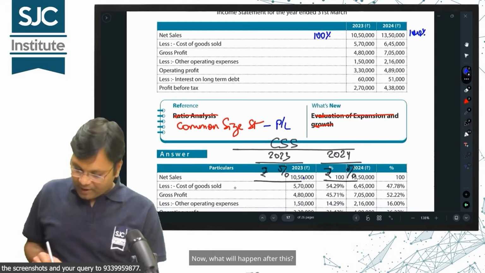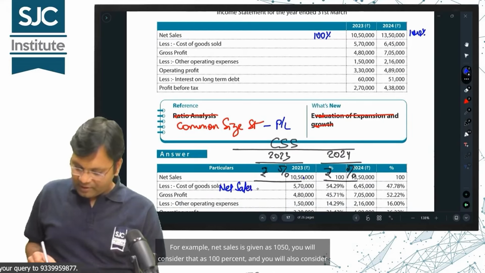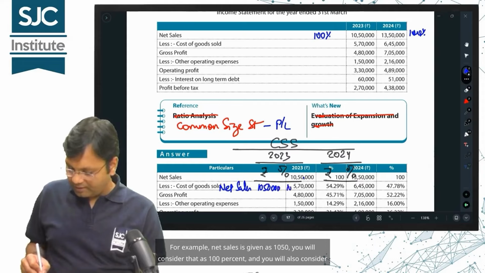Now, what will happen after this? For example, net sales is given as 1050. You will consider that as 100% and you will also consider this 1350 as 100%.